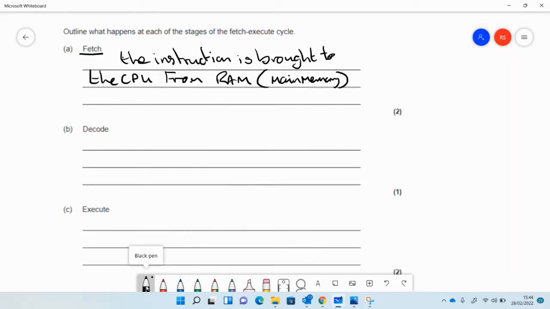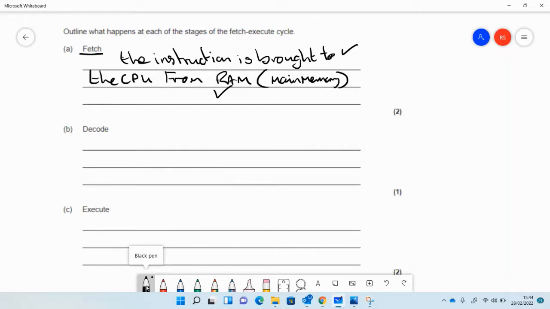So what we're saying here is the instruction that we're fetching, it's being brought to the CPU. So I've got 2 marks here. I've got one for saying it's brought to the CPU and one for saying that it comes from RAM. So there's my 2 marks on that one.